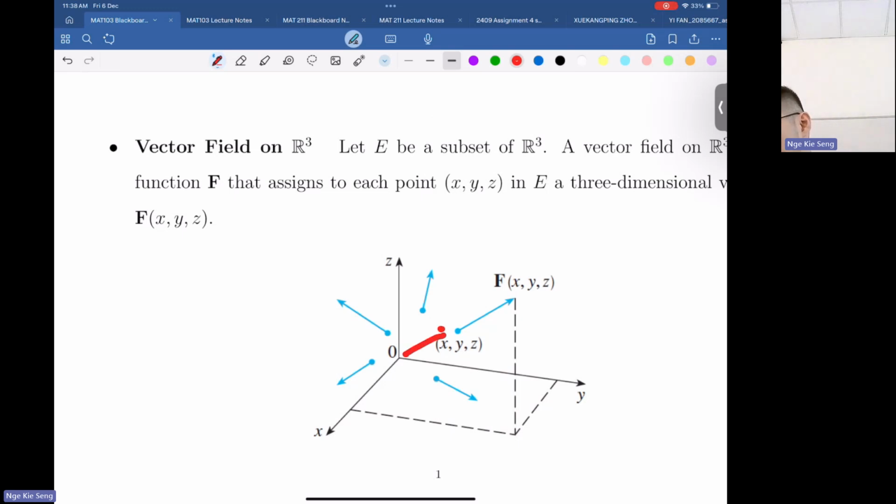XYZ is the point in your R3, and the vector is outward. This is very important. Later we'll talk about the idea of divergence.